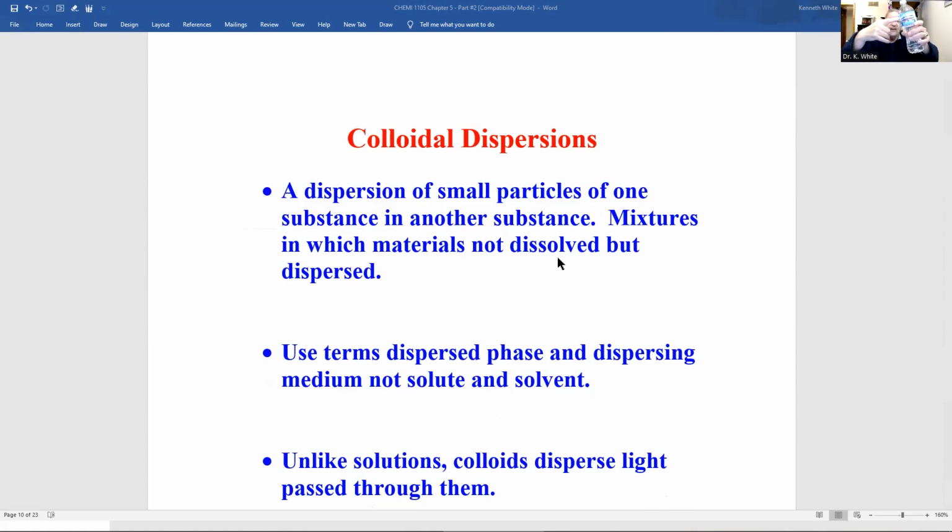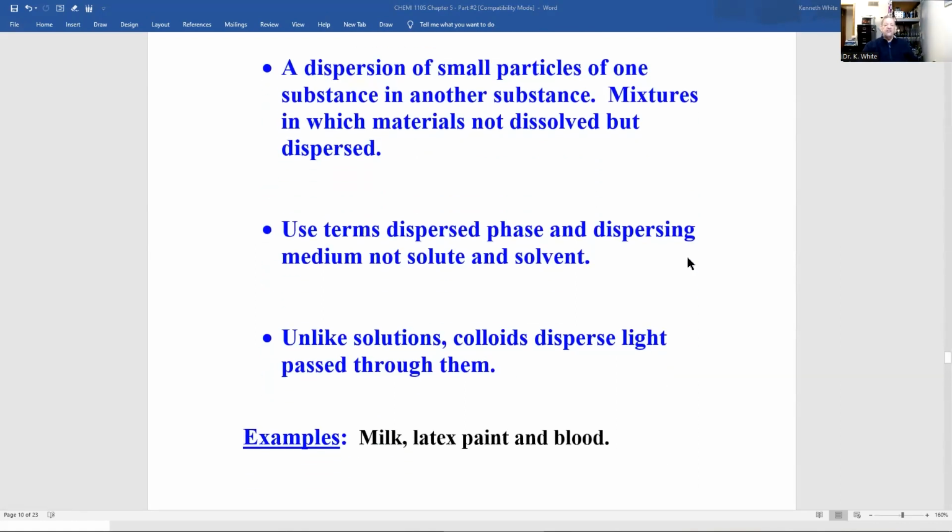Salt and water is actually dissolved. Now, instead of using solute and solvent, they use the term dispersed phase for solute, if it were, but it's not. And the substance in a colloidal dispersion present in the greatest amount is called the dispersing medium.